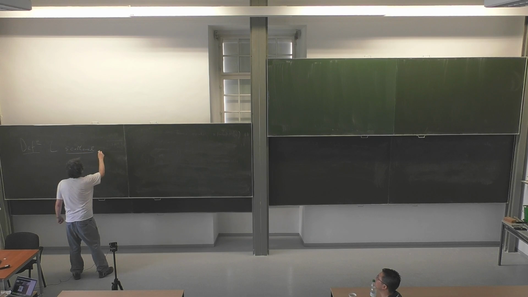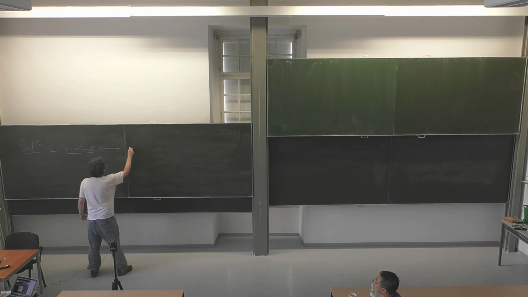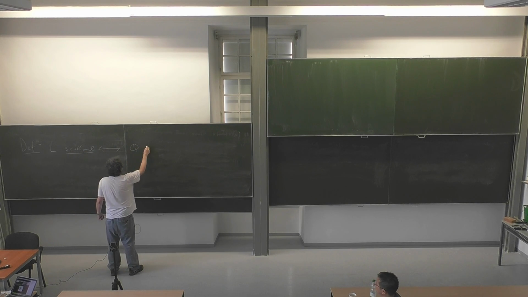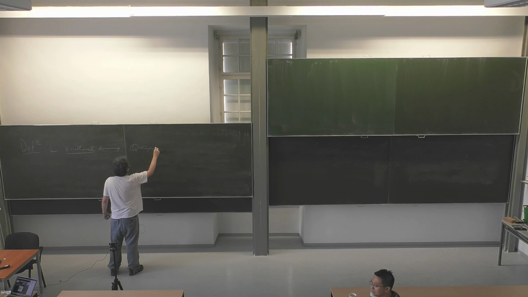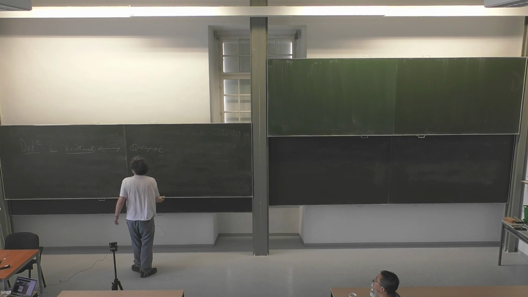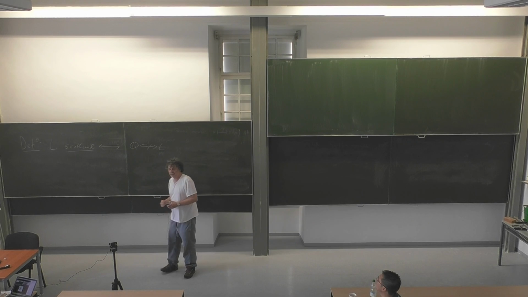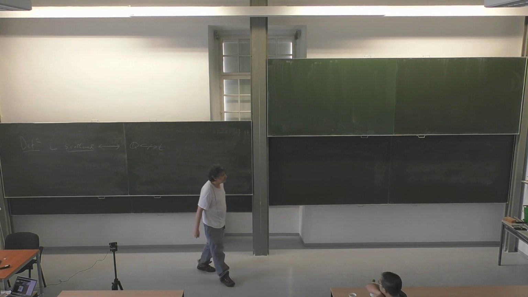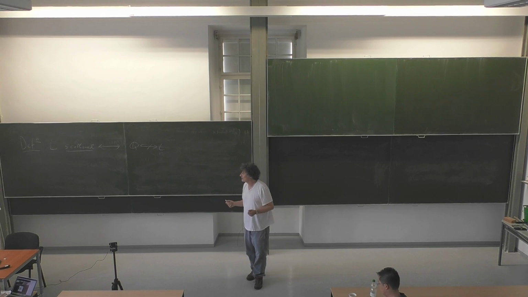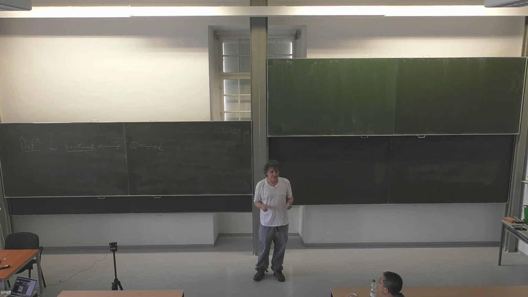L is said to be scattered if the rationals, considered as a linear ordering, don't embed into L. And it turns out this is a very pleasantly structured class of linear orderings.